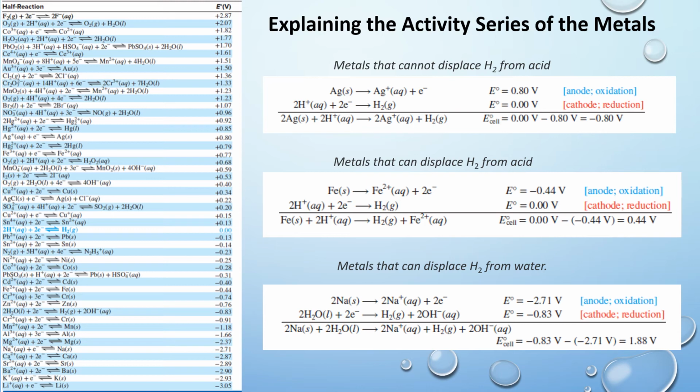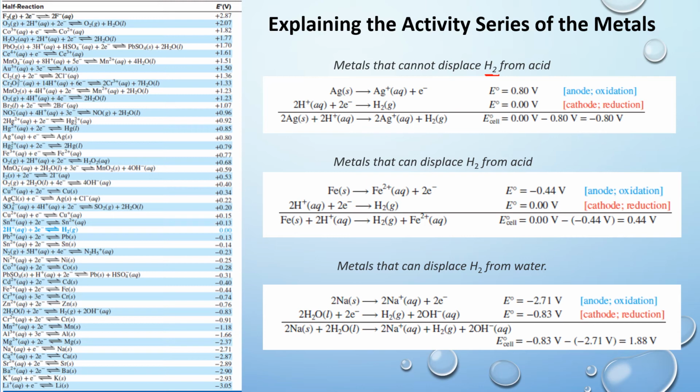First, let's look at the metals that cannot displace hydrogen gas from acid. For some metals, when we put them in acid, we can see bubbles forming. Those metals can replace hydrogen from the acid, but some metals cannot. Gold or silver, even if we put them in acid, are not corroded, so they cannot replace the hydrogen from the acid.